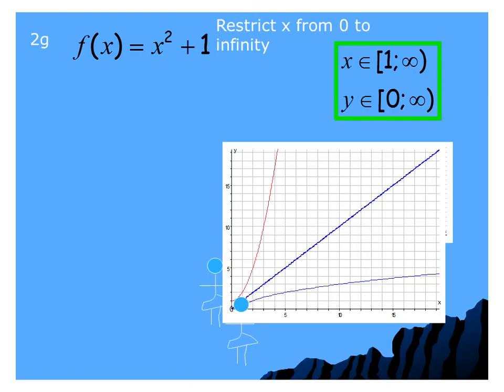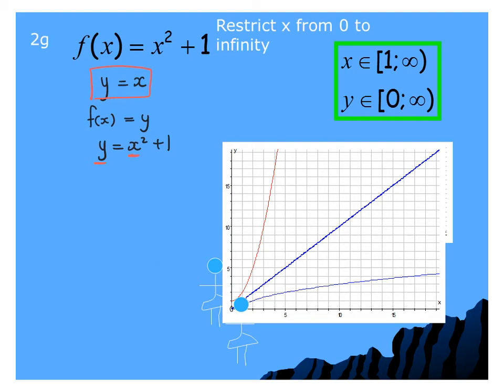Let us take the inverse of f of x equals x squared plus 1, a parabola that is shifted 1 unit up. What we know is that we're going to reflect on the y equals x line. So f of x is equal to y, and therefore our y that we're going to manipulate is y equals x squared plus 1. What we want to do is swap y with x because y equals x.